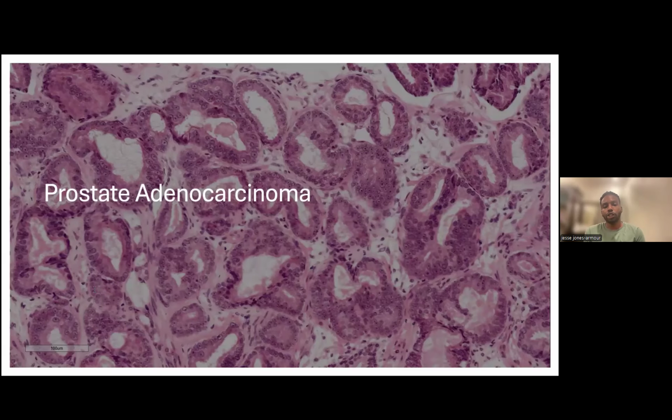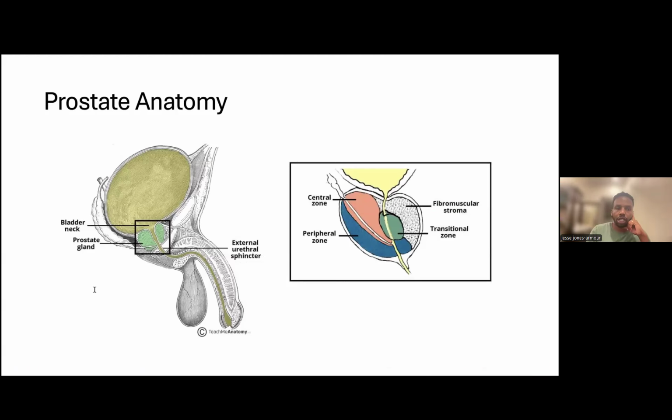Now going into prostate adenocarcinoma, our second topic, you have the prostate, just a base of anatomy, just so that we understand where we are. The prostate is a roughly 20-gram gland situated at the base of the bladder. It is periurethral, and it is made up of 4 distinct zones, which are also different in makeup.